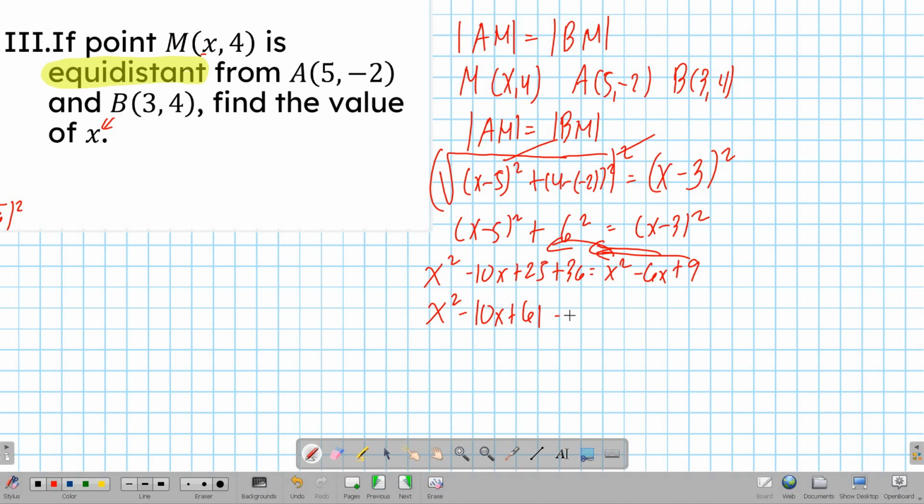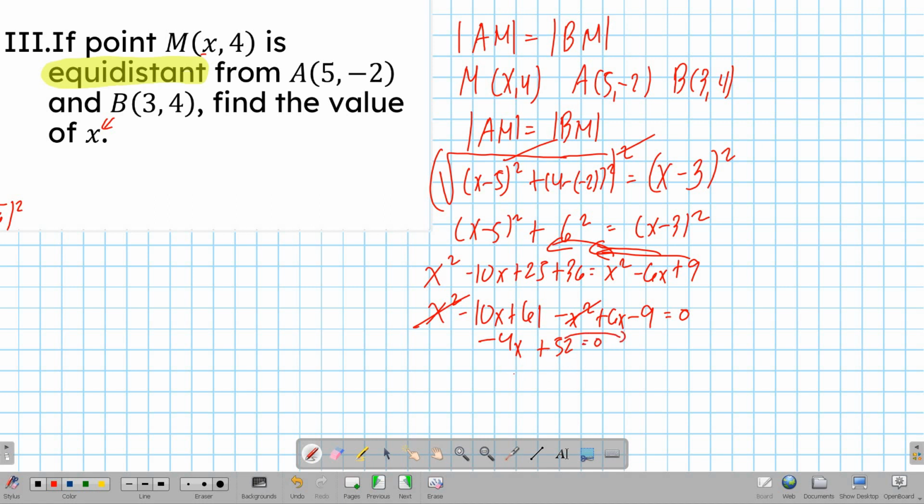So, transposing, we'll have negative x squared plus 6x minus 9 equals 0. Makakancel ang ating x squared. Combining like terms, we'll have negative 10x plus 6x, that will become negative 4x. Then we'll have 61 minus 9, which will be 52. It's equal to 0.